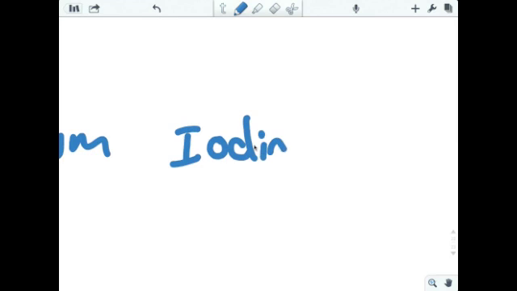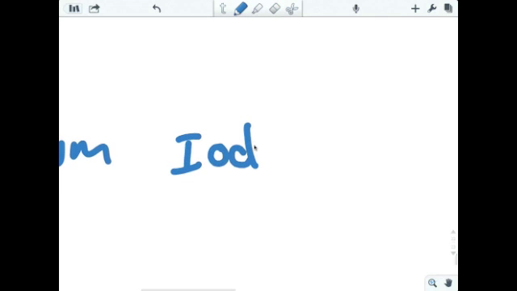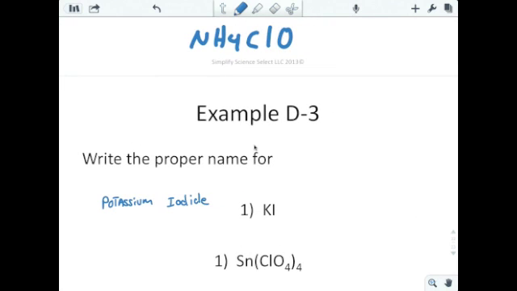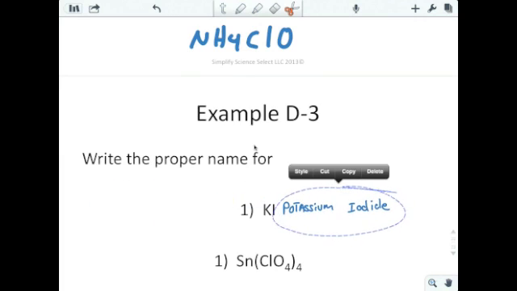Now, anytime the anion is an element, we go ahead and change the ending from iodine to iodide. We put an IDE ending. So on our first one, we get the name potassium iodide.